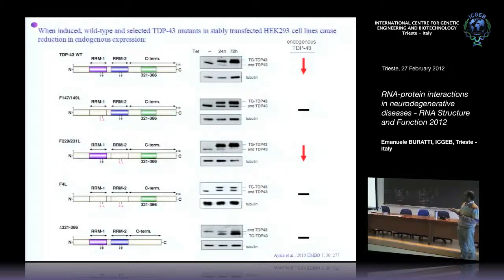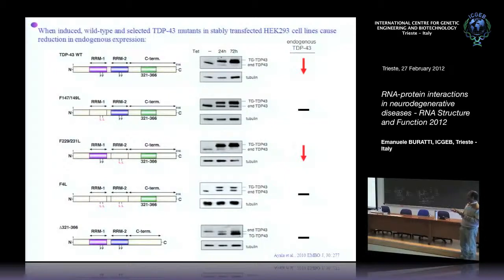And that is, when we overexpressed the transgene for the wild-type TDP-43, even without removing the endogenous protein using an siRNA reagent, what we saw was that the endogenous protein was downregulated. And this did not occur when we induced the production of a mutant TDP-43 protein that was not able to bind RNA.